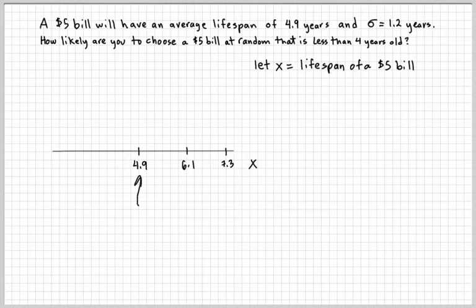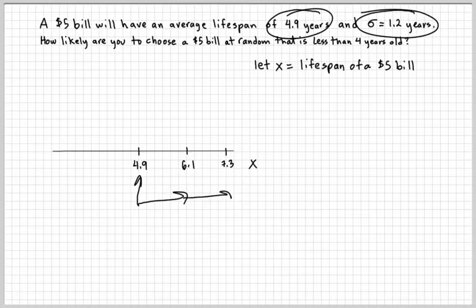And we have the mean, which is 4.9, and then the spread, how the values are distributed from the mean, and that's 1.2. So you add 1.2 gives you 6.1. Add another 1.2 gives you 7.3. This is how the data is spread out. This is 1 standard deviation. This is 2 standard deviations.